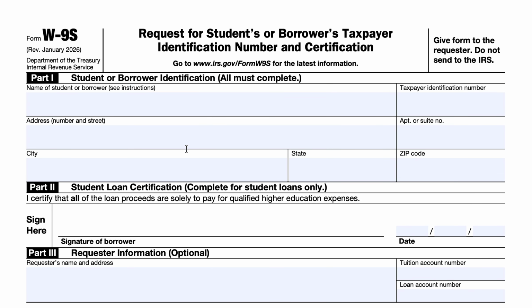So let's go through and complete this. It's pretty simple. Let's just imagine that John Doe is completing this because he's borrowed some money to send his daughter Elizabeth off to college.